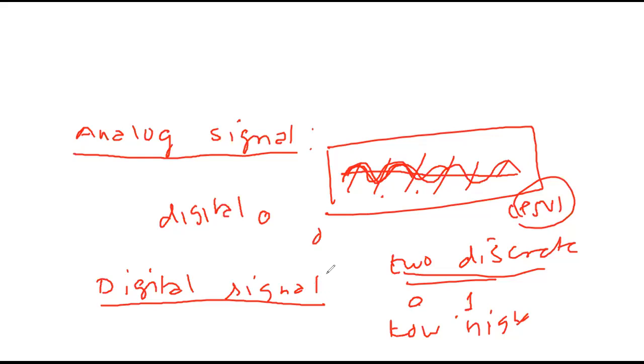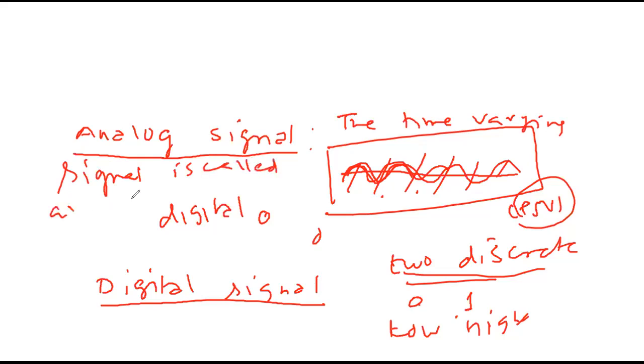The time varying signal is called an analog signal.